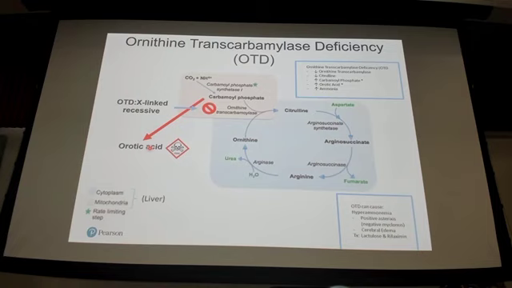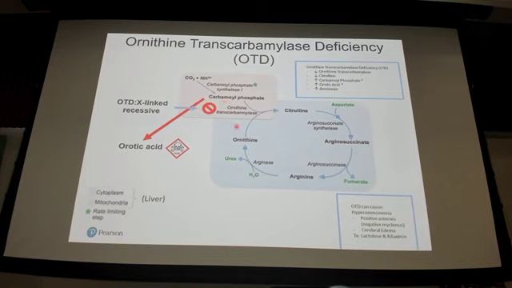Orotic acid is very toxic, and that is harmful to the liver. And of course, because we cannot convert the ammonia into urea, we're going to have hyperammonemia. I did not mention, but this is very important, that carbamoyl phosphate synthetase 1 is the rate limiting reaction in this pathway, the urea cycle.